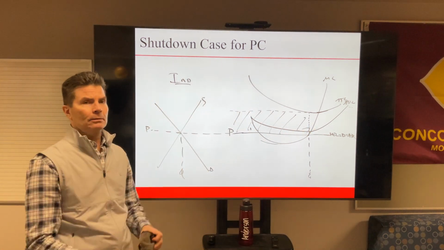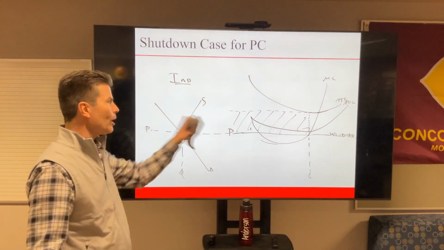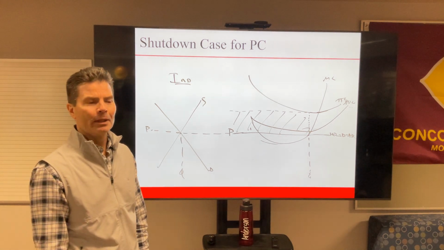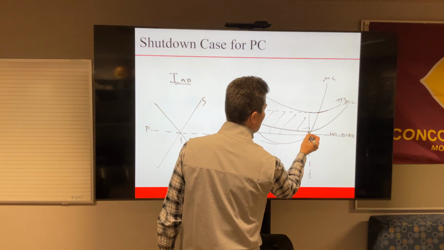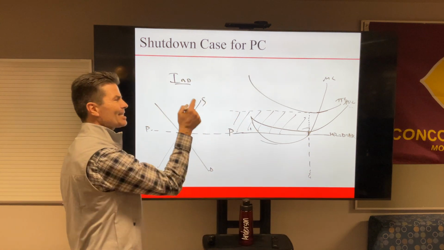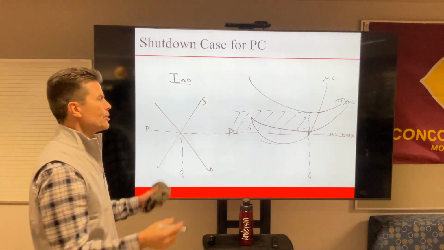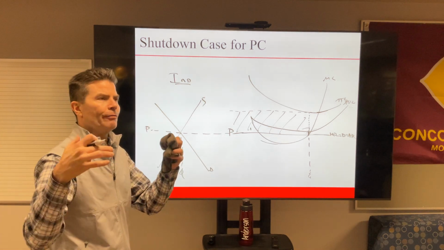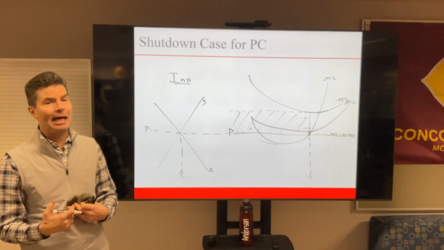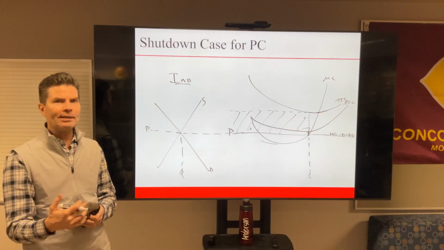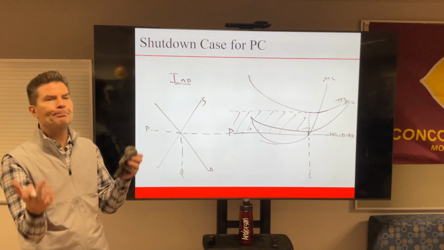Okay, but we're going to find out we're not going to produce in this example. The reason is because my optimal quantity is less than my average variable cost. That's what creates the numbers behind the fact that it's better if I actually shut down and just take my loss than if I was to actually produce.